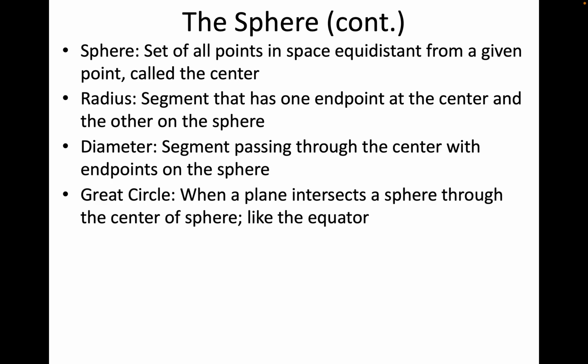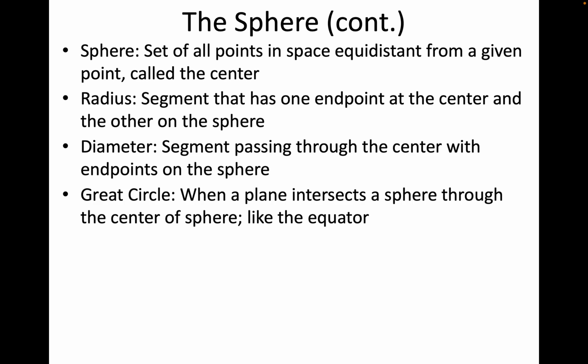The great circle is that when a plane intersects with a sphere through the center of the sphere, that creates the great circle. And it's kind of like the equator. If you think of a globe as a sphere, and the latitude lines as they move north to south are all circles, but only the equator is the biggest one.